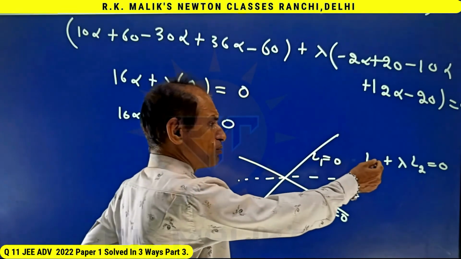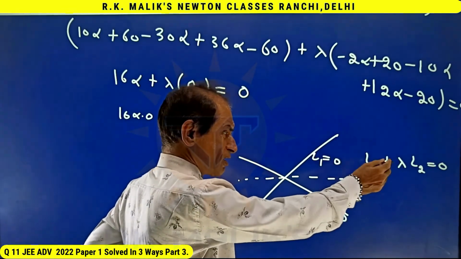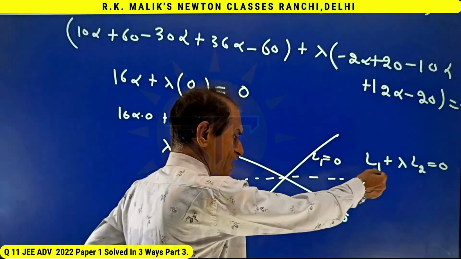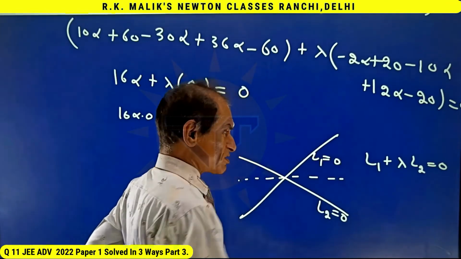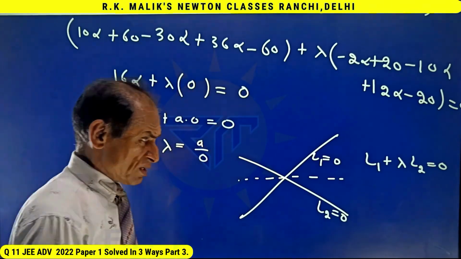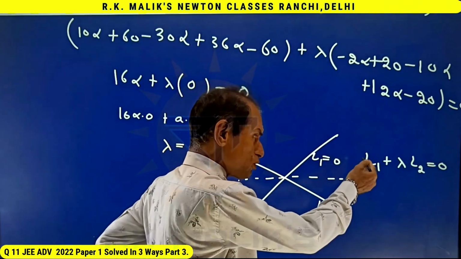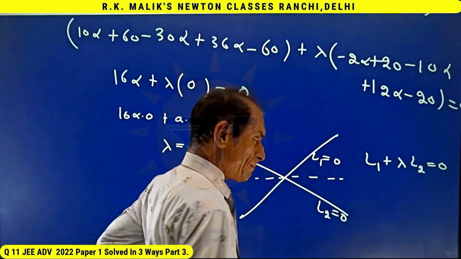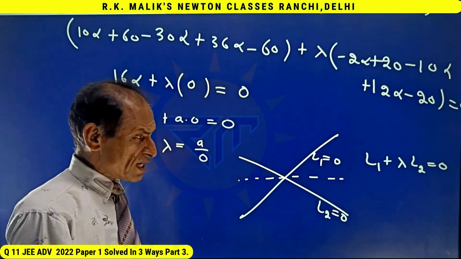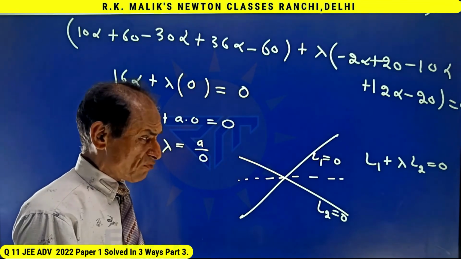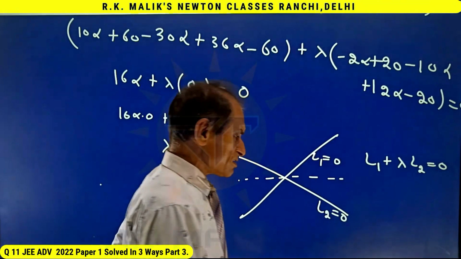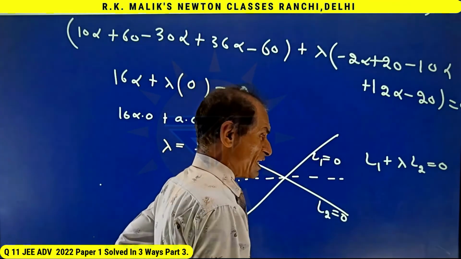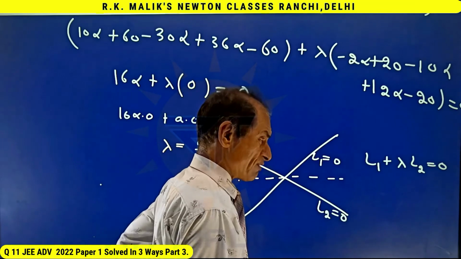If lambda is found to be 0 by the given condition in the question, it means L1 itself is the line which is satisfying the given condition. If lambda is found to be of the form some constant upon 0, note that in this case it is not undefined. Actually in this case L2 is the line which is satisfying the given condition, whatever is the condition.